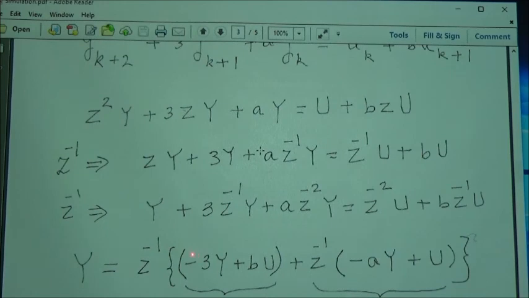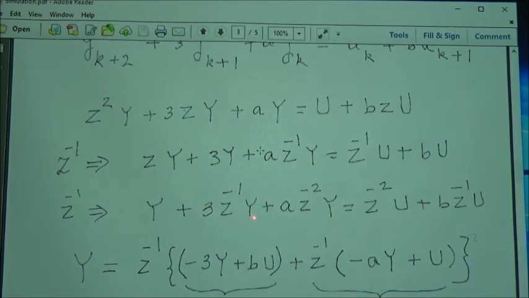And once we go to the other side of the equation, start repeating the factor of z to the minus 1. So if I take this over there, it becomes minus 3 z minus 1 y. Here it becomes minus a times z minus 1, z minus 2 y. So what I'm doing here, I'm factoring out z minus 1, and you see this term and this term have z minus 1.